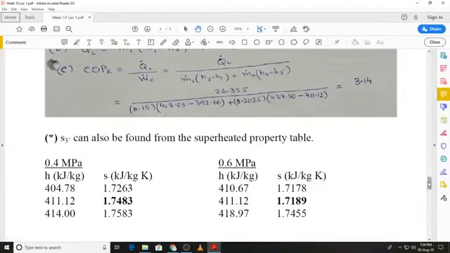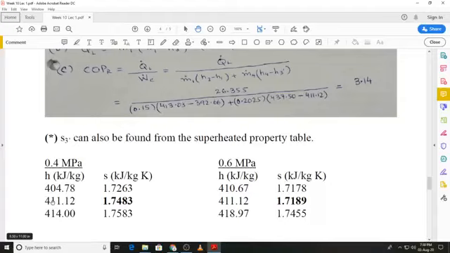Remember that 411.12 kilojoule per kilogram is the value of H3 prime that we had found out by using the energy balance.